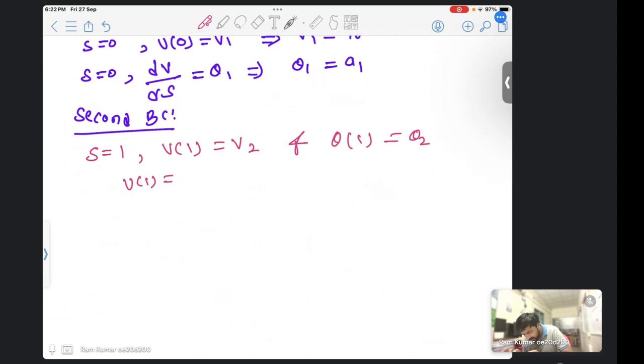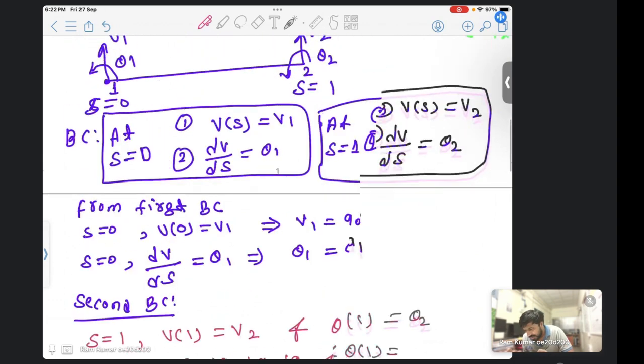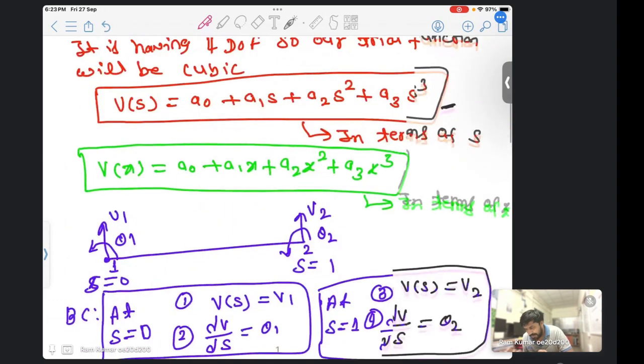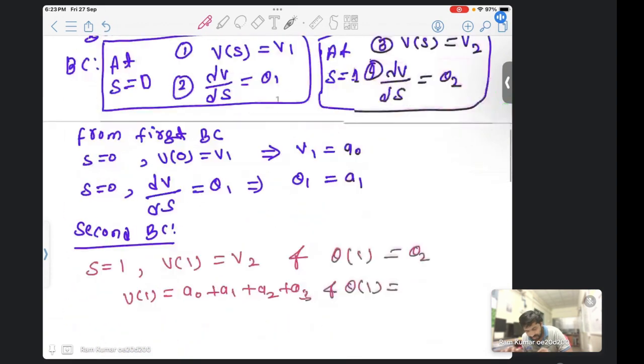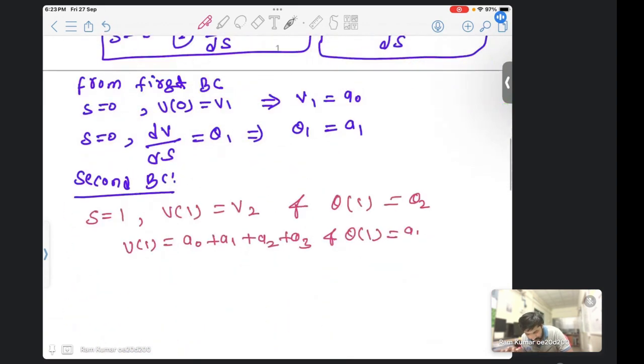v2 will be a naught plus a1 plus a2 plus a3, and theta at 1 equal to a1 plus 2a2 plus 3a3.